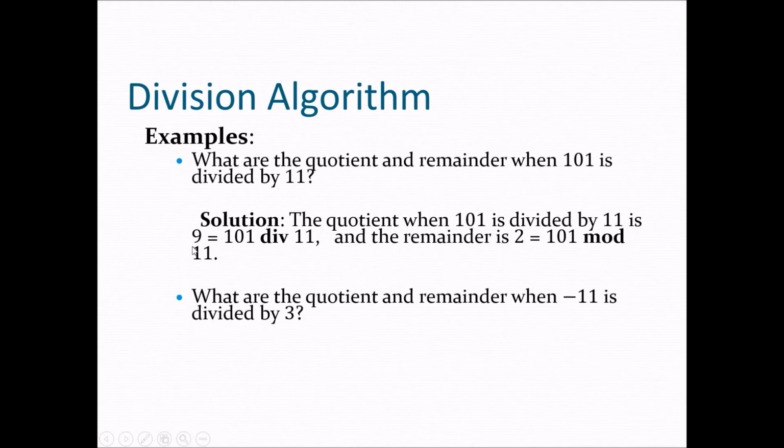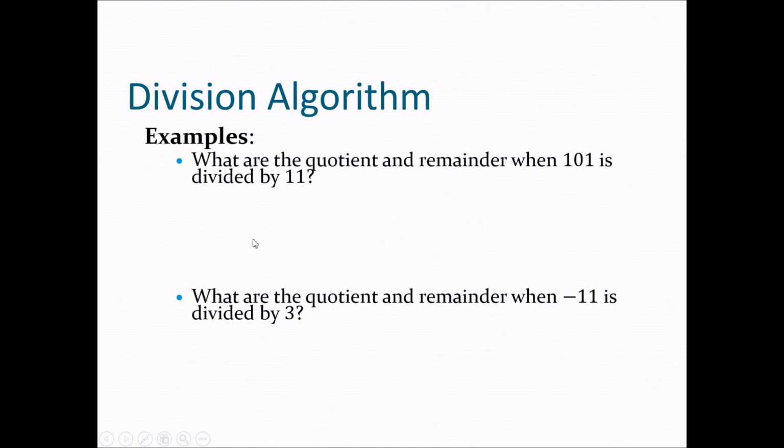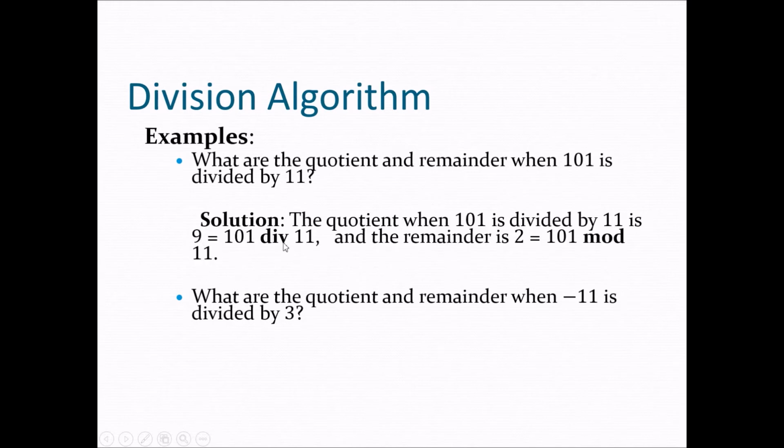So by the notation we just learned, 9 is the quotient when we divide 101 by 11, and the remainder 2 is equal to 101 mod 11, that is, when we divide 101 by 11, remainder is 2.